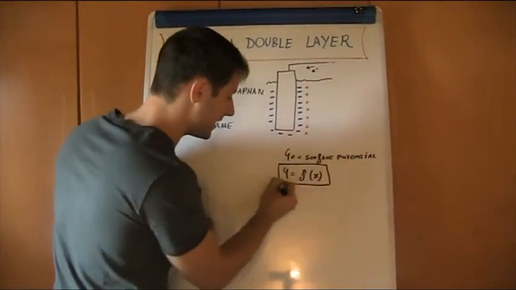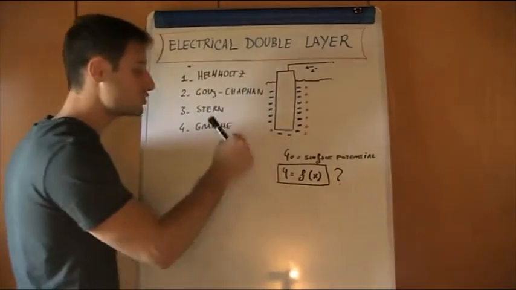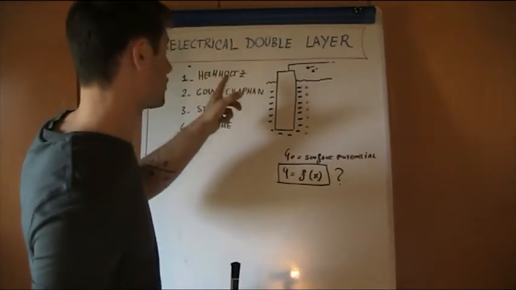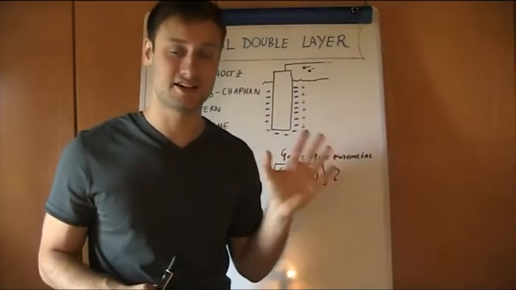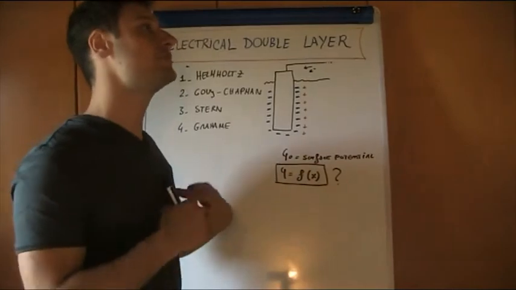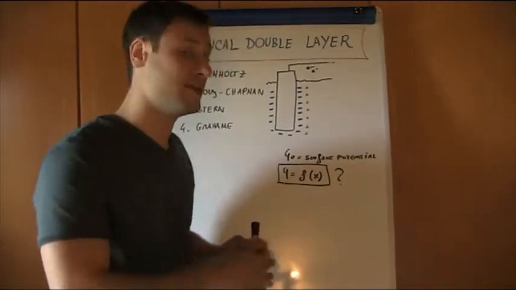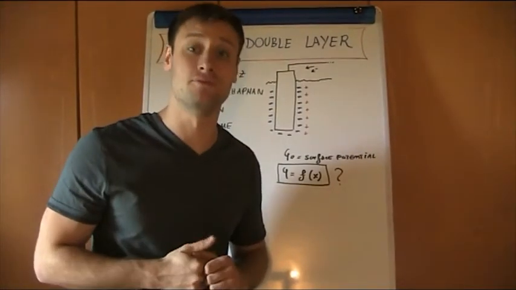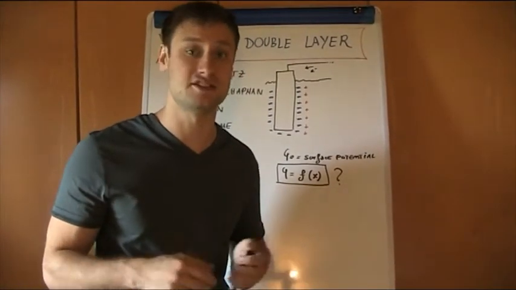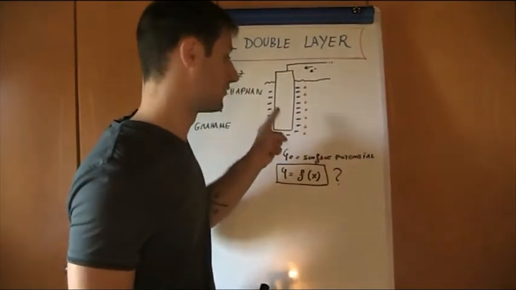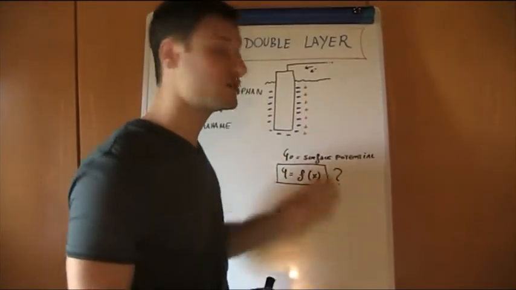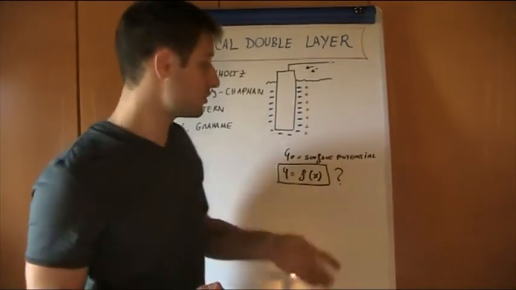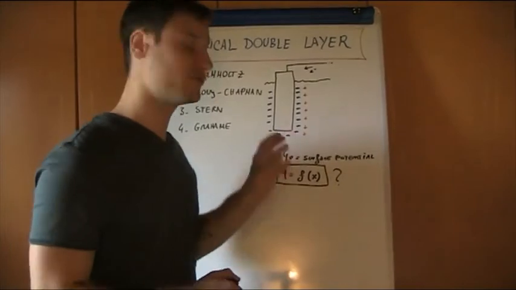So the final aim is the resolution of this function. The final aim for a physical description and characterization of an electrical double layer is to try to understand in which way the potential changes when increasing the distance from the electrode, or in general the distance from the surface excess. It could be an electrode, it could be particles, for instance in a disperse system. So basically we want to solve this function.